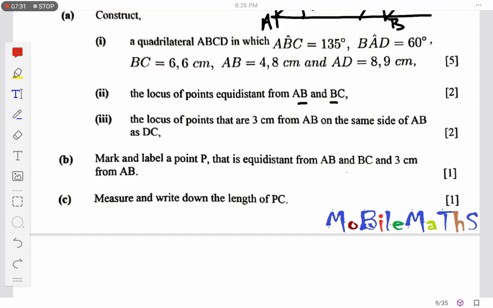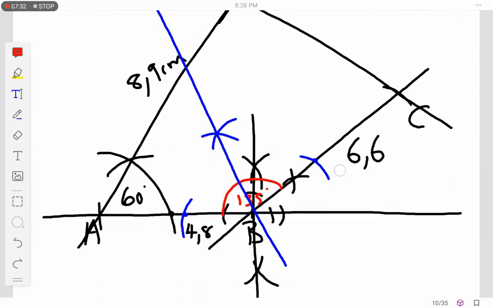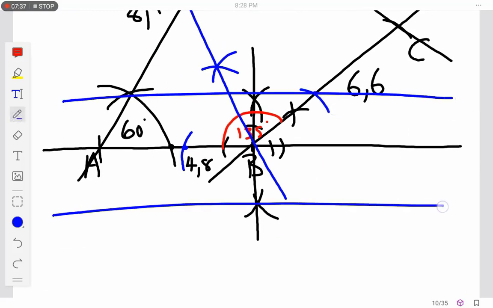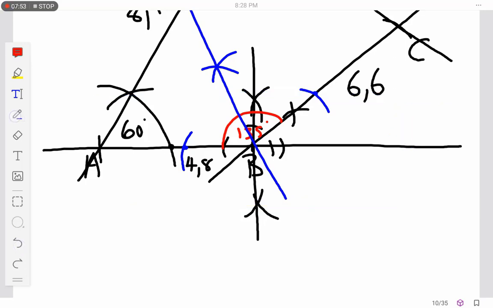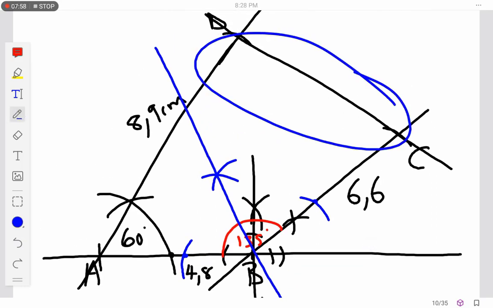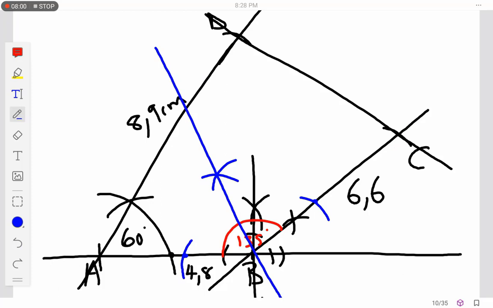Normally we can have a parallel line on either side, with 3 centimeters between them each. We are not going to do that because they've given us a condition, the same direction as DC. So DC is this side, and we are only going to concentrate on the upper top there.